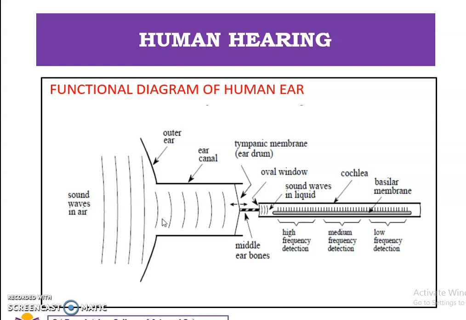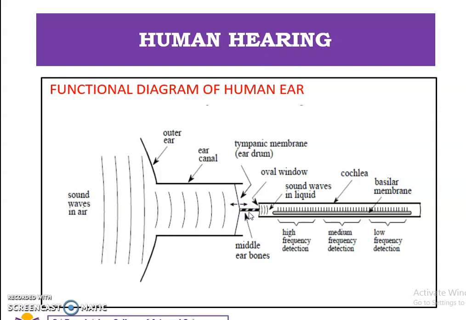To explain with a simple example, take your hand and move it through air as well as liquid. You have to put more effort to move your hand in liquid than in air. So air has low mechanical impedance, liquid has high mechanical impedance. To match this impedance, the middle ear acts as an impedance matching network.